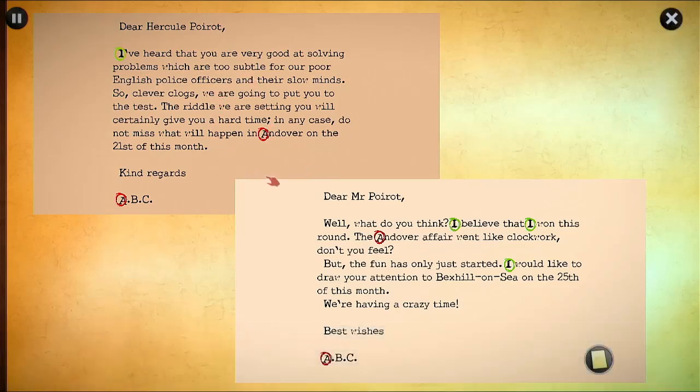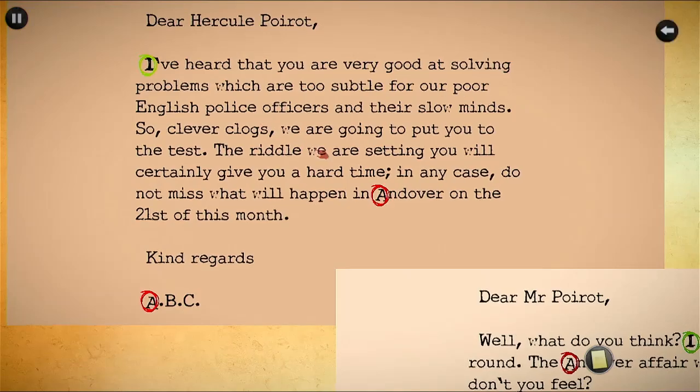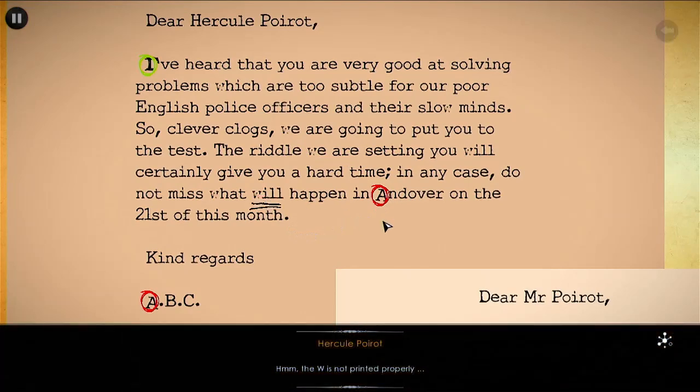Okay, what other defects could there potentially be? What else could there be? Let's have a good look at this one. Oh, there we go. See, there's a blank space here. The W is not printed properly.